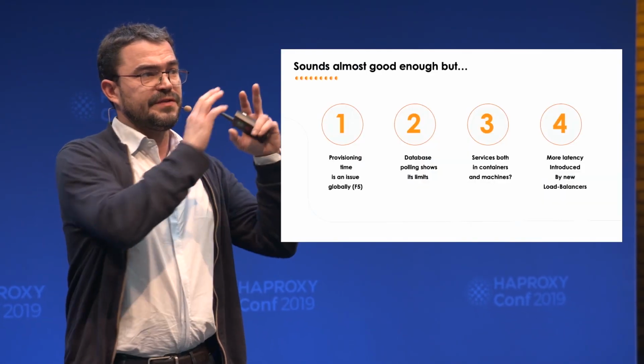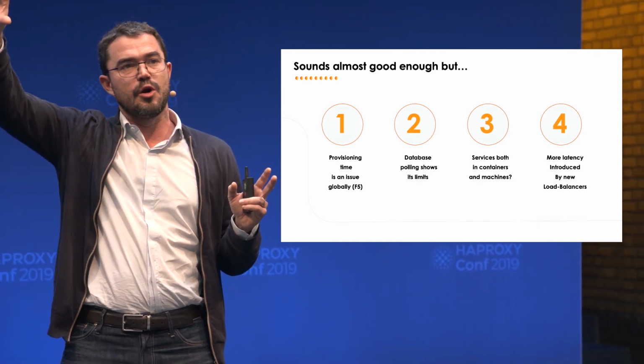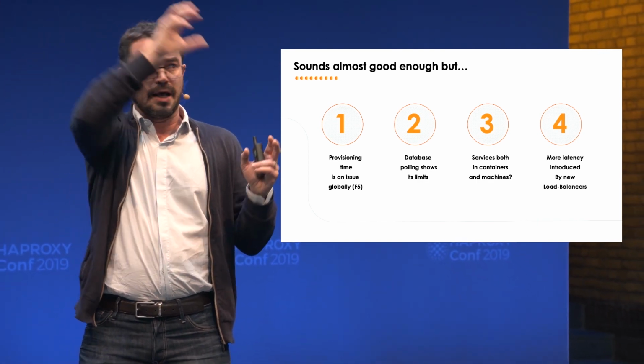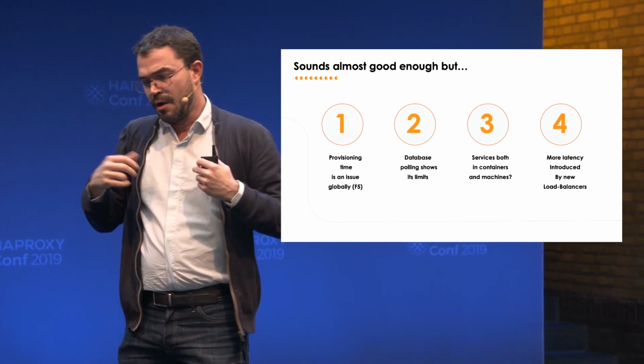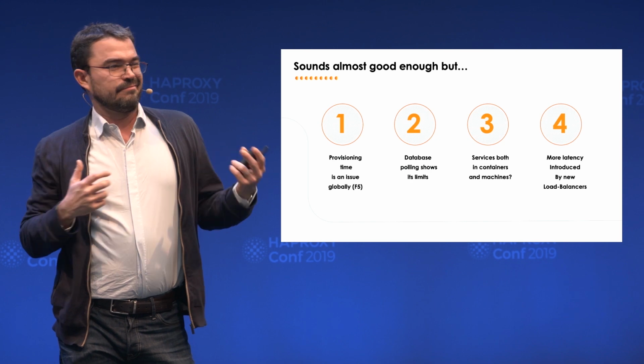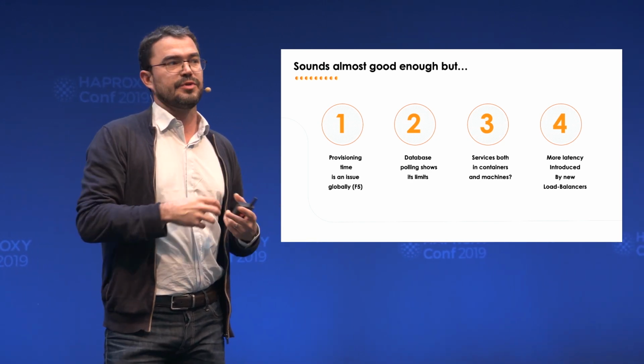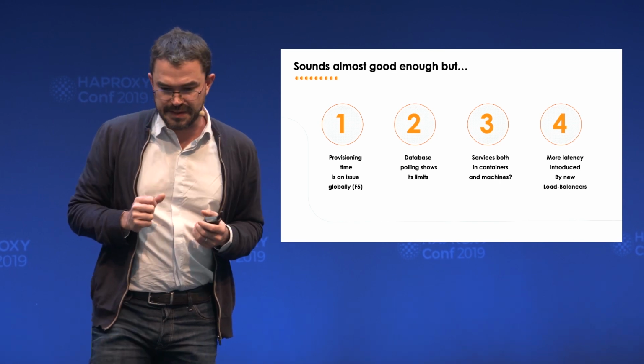So provisioning time of all of our systems was globally an issue. We had different ways of provisioning our F5 load balancer on top as the service library. We had newcomers such as Mesos and containers that were showing limits of the database polling mechanism to perform client-side load balancing.